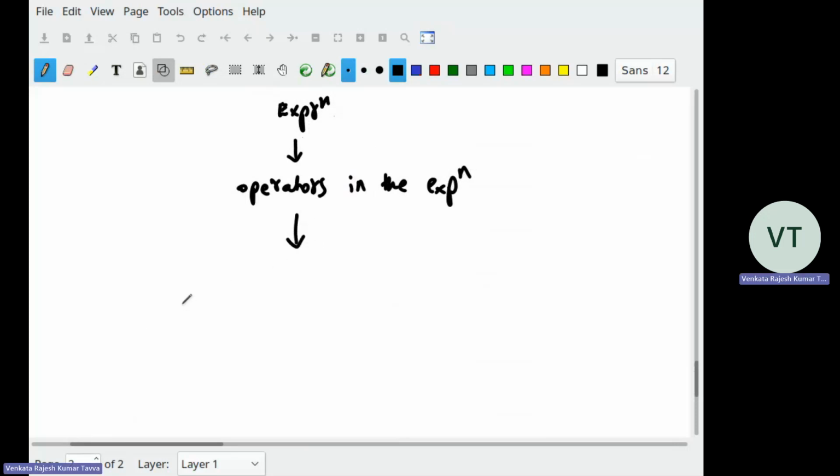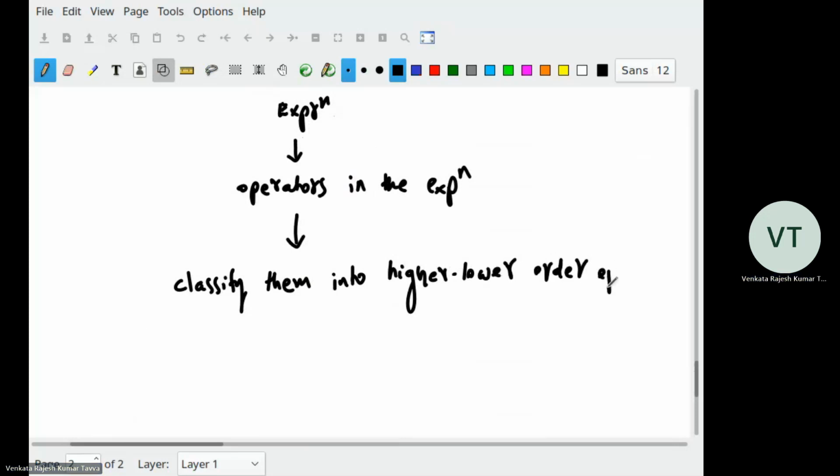And once you get the operators, you classify them into higher and lower order operators. So what does it mean? Basically, you look at the precedence of operators and classify them based on precedence. Okay. So once you classify them based on precedence, then what do you need to do? For operators of the same precedence, what do you need to look at? Associativity.